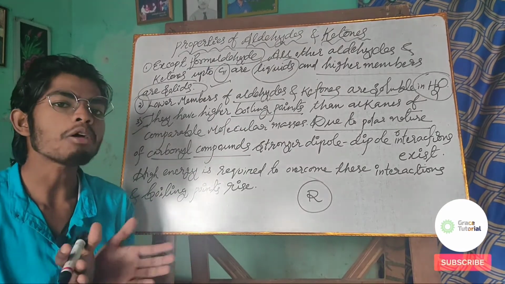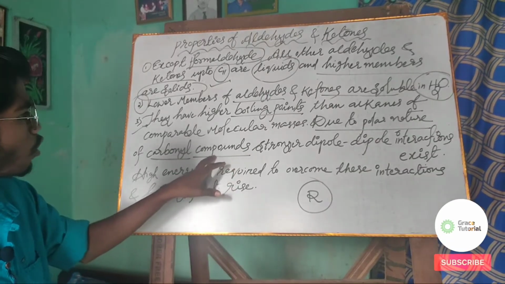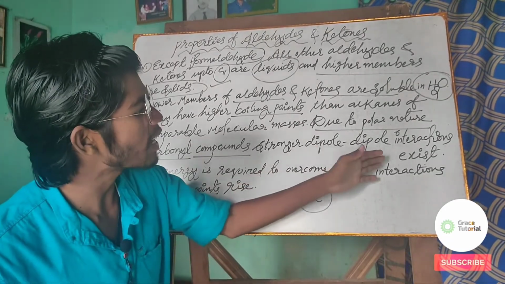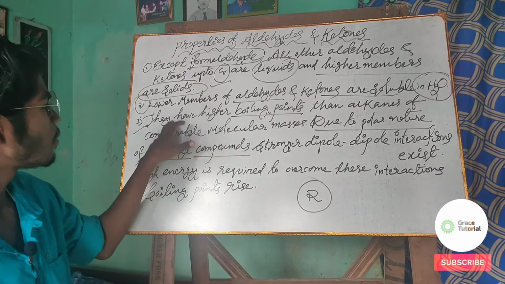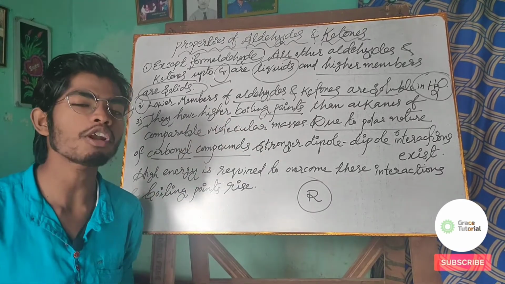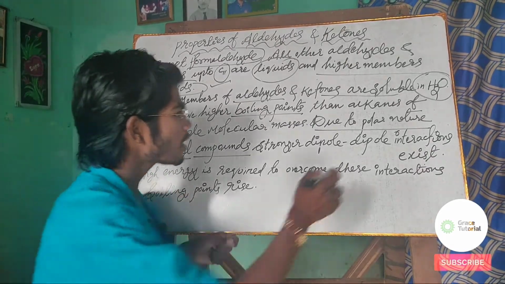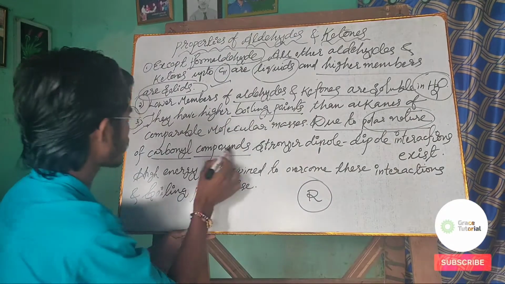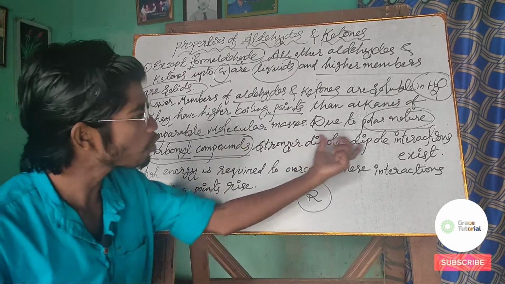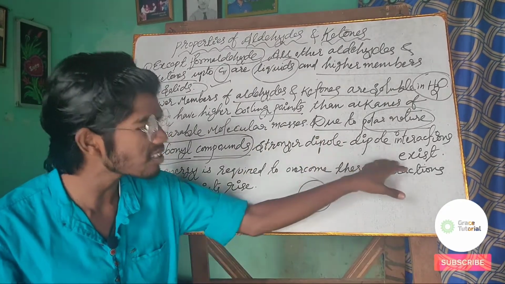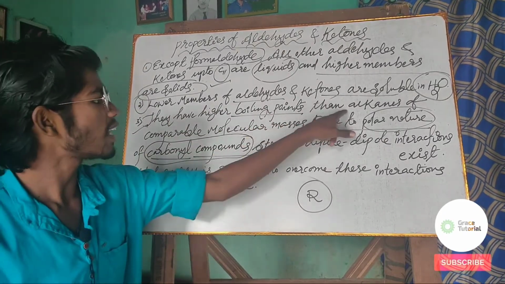Since the carbonyl compounds are polar in nature, stronger dipole-dipole interactions exist between the molecules. That's why they have higher boiling points than alkanes.